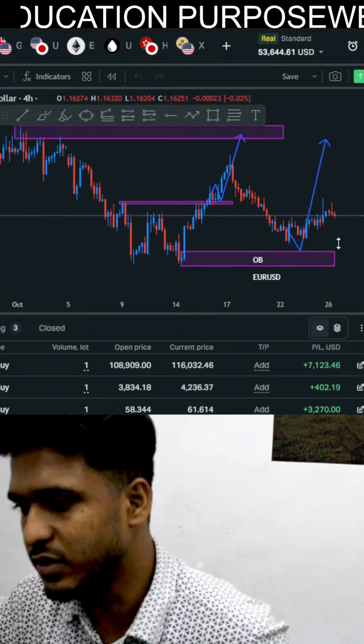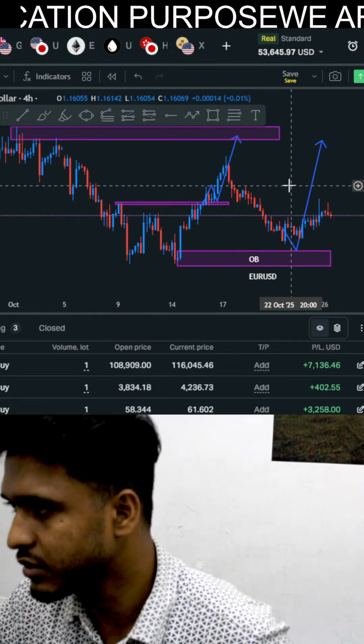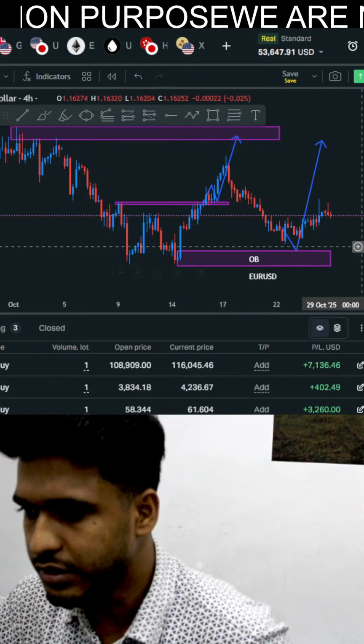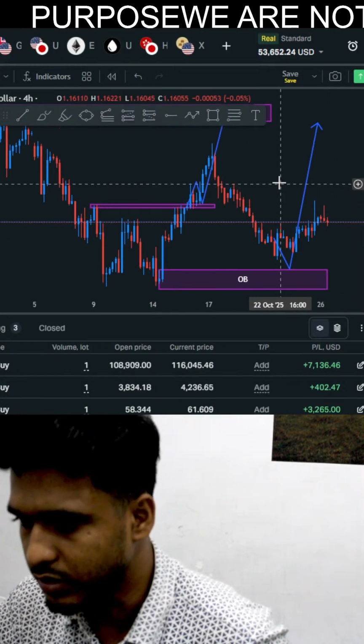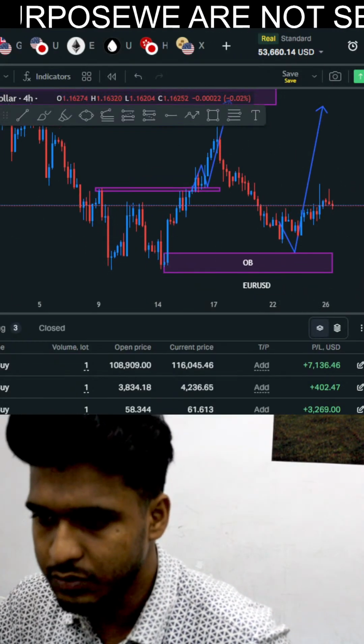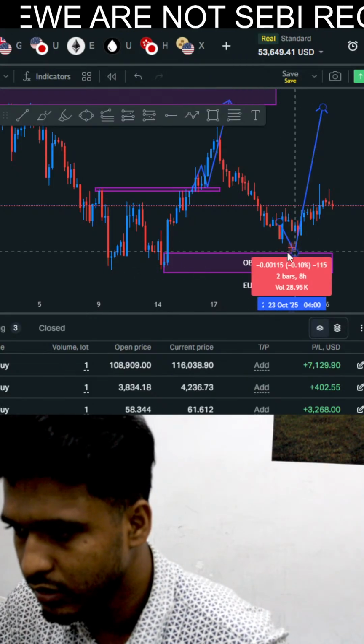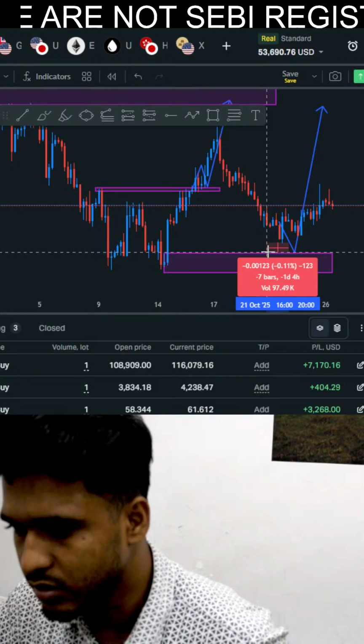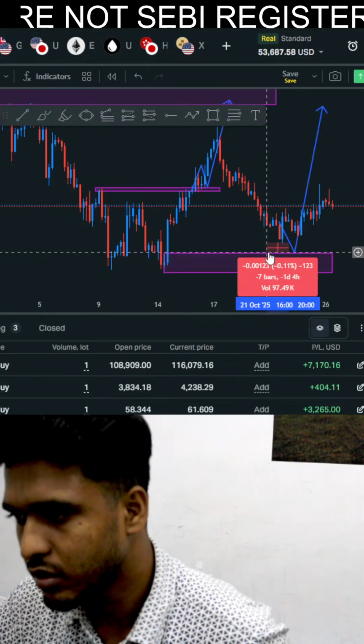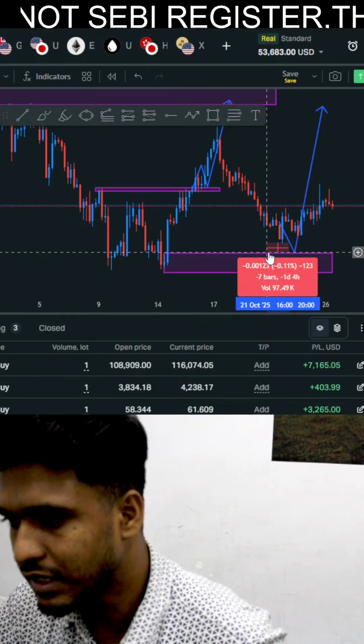Okay, just missed, guys, just missed. Look at our trade analysis and our setup. We just missed one zone. How many pips? Not even 10 pips, almost like 10 pips.